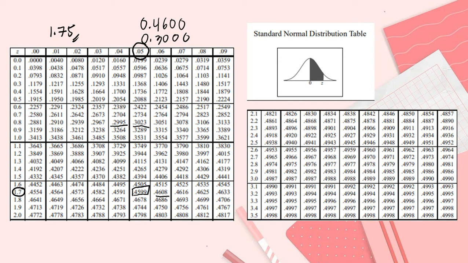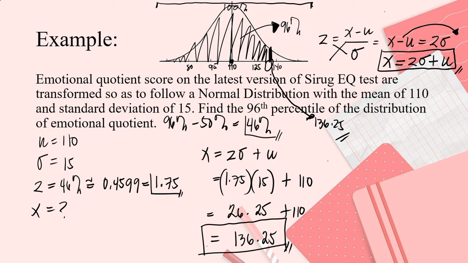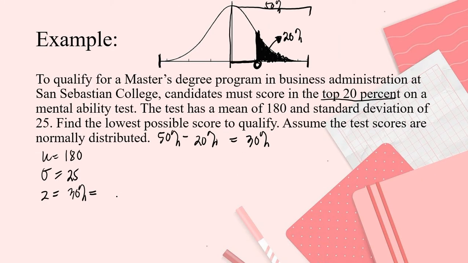Ano ang mas malapit? Ang mas malapit ay si 0.2995. At saan siya naglalay? Kay kanino? 0.84. And that will be the value of your Z. So, 0.2995 which is equal to 0.84. At ito yung value ng iyong Z.